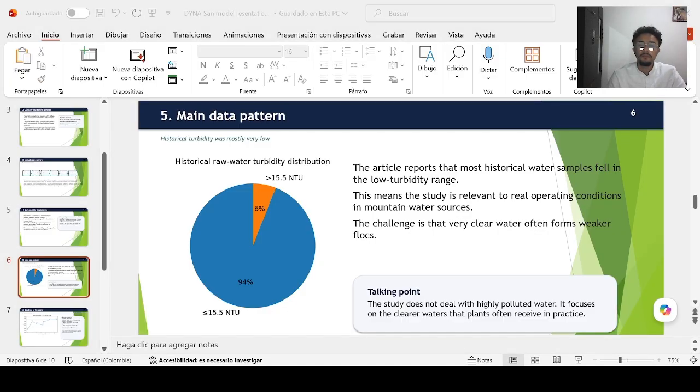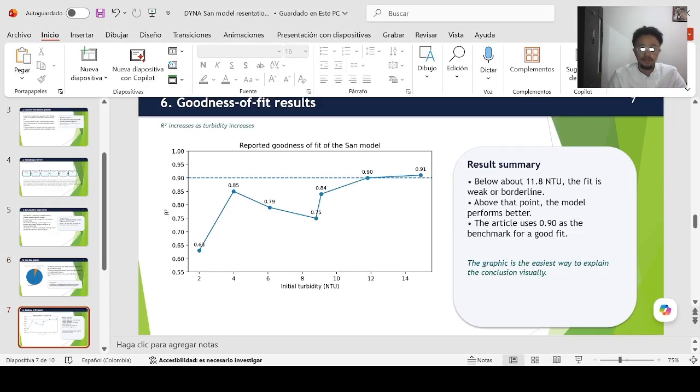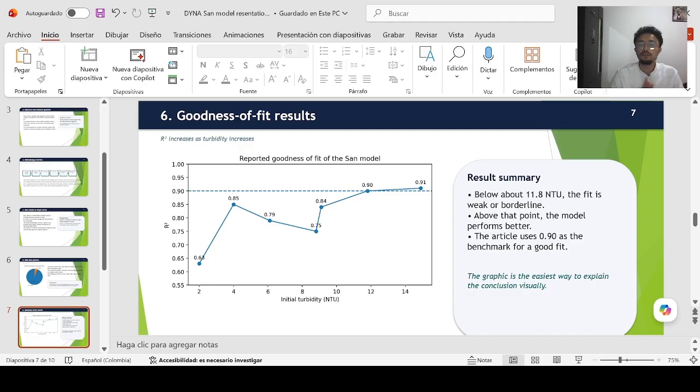So for another part, we have the goodness of fit results. The results show that the model performs poorly at very low turbidity values and improves as turbidity increases.